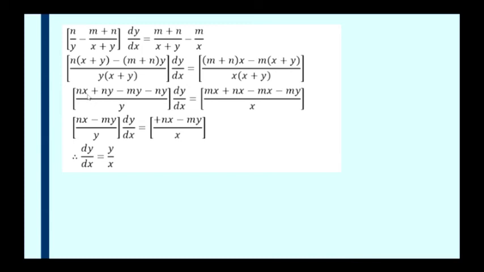We can write nx minus my. ny will get cancelled over here, and over here on the RHS mx and minus mx will get cancelled. I will be getting nx minus my. Is this clear? Now I can shift this over here to the denominator and nx minus my will get cancelled, and I will be getting dy by dx equal to y by x.